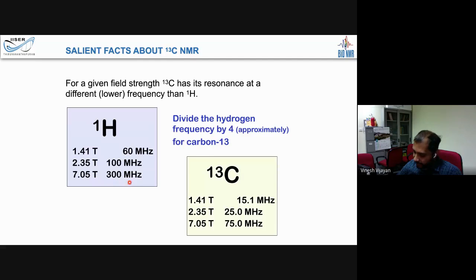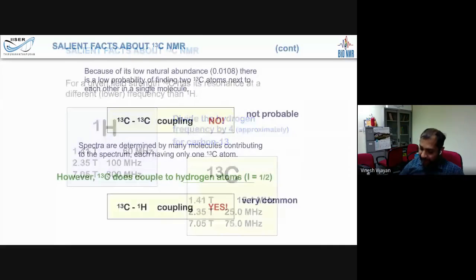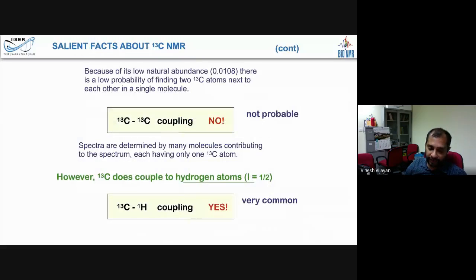At 7.05 Tesla, it's 300 megahertz for proton and 75 megahertz for carbon-13. So you use the same magnetic field but a different frequency. It's like having the same radio, but you can tune to 93.5 FM and to another FM station around 108. Same way, you can tune to 60 megahertz as well as to 15 megahertz.